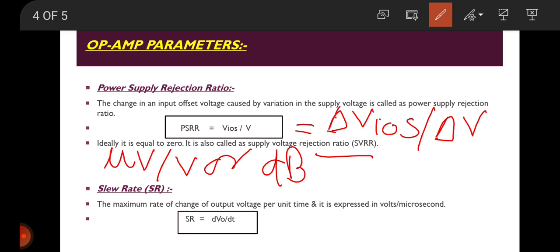Then next is slew rate, SR. Slew rate is defined as the maximum rate of change of output voltage per unit time.